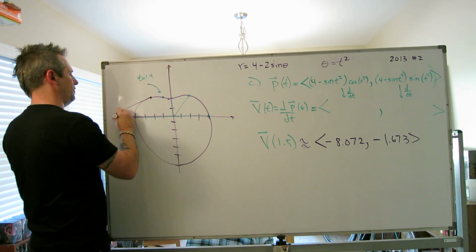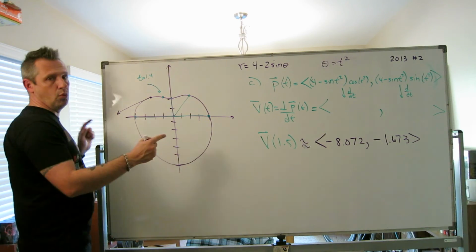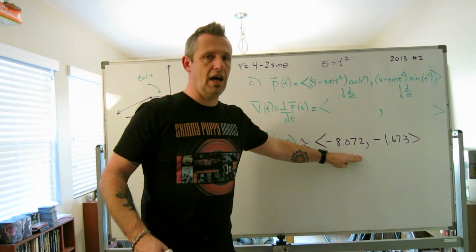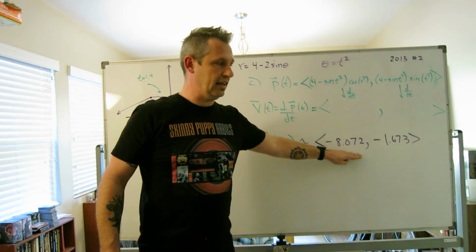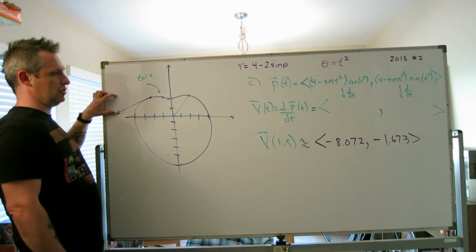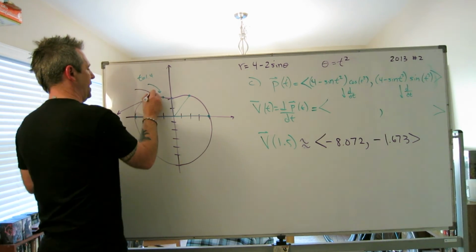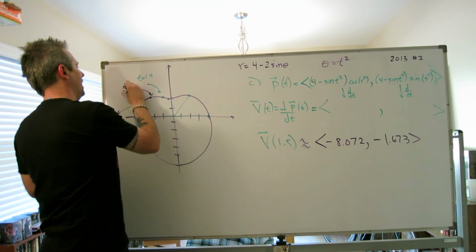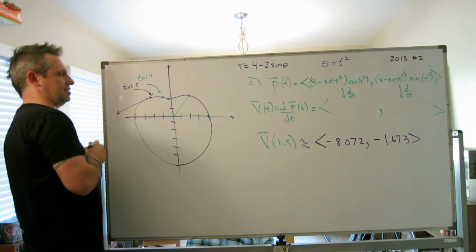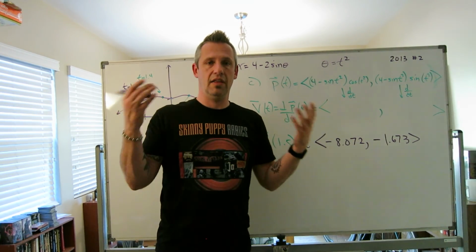And my velocity vector looks something like this, where you can see that the x coordinate is changing a lot, getting very, very more negative. But the y coordinate is not changing as much at that time. So I suspect that I'm somewhere like right here at time 1.5 approximately, and this velocity vector makes sense given that. And that's my final answer.